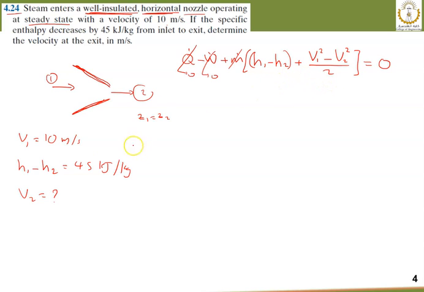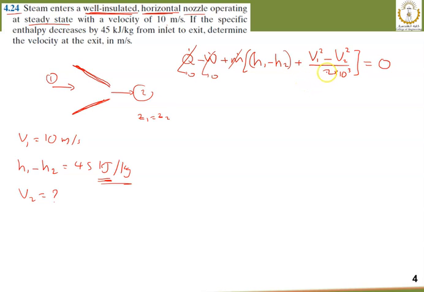Now we need to be very careful here. H1 minus H2 is in kilojoule per kilogram. So for the change in the kinetic energy, if we are going to use kilojoule per kilogram, we need to divide by 1000, because V1 square minus V2 square over 2 will give us only joule per kilogram.